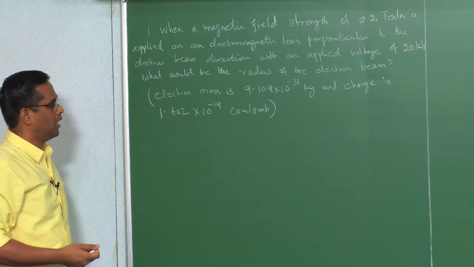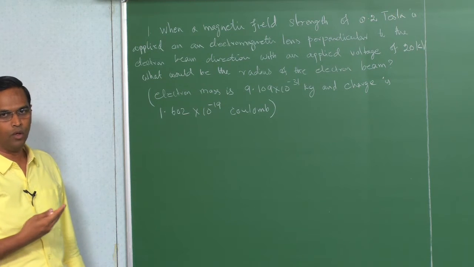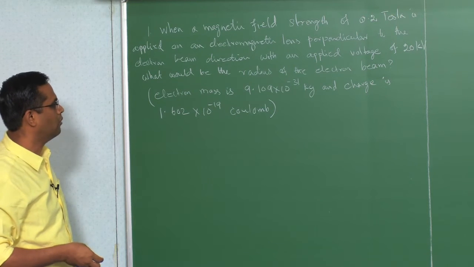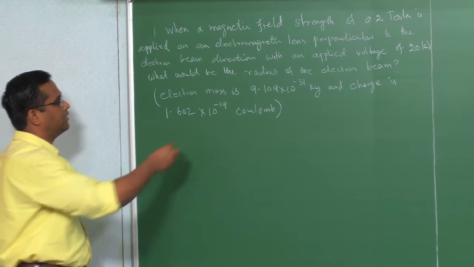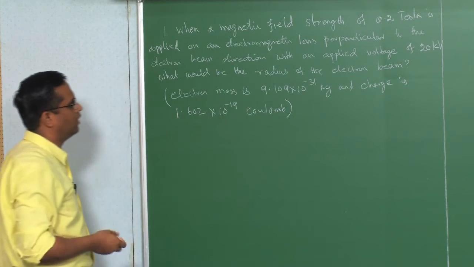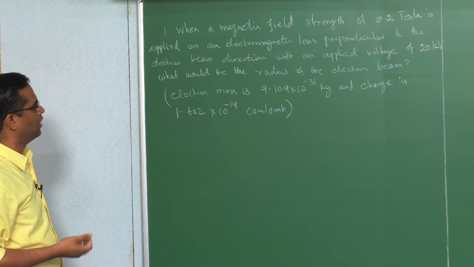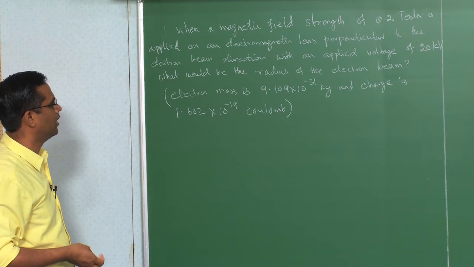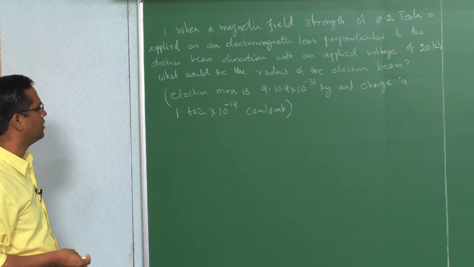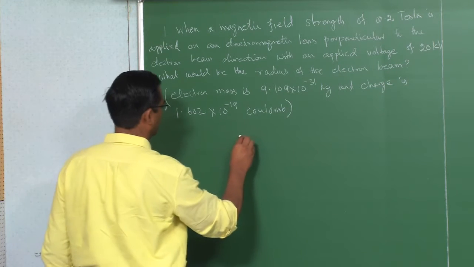So, what is the clue we have? We are talking about the radius of the electron beam. The radius is given using this formula.